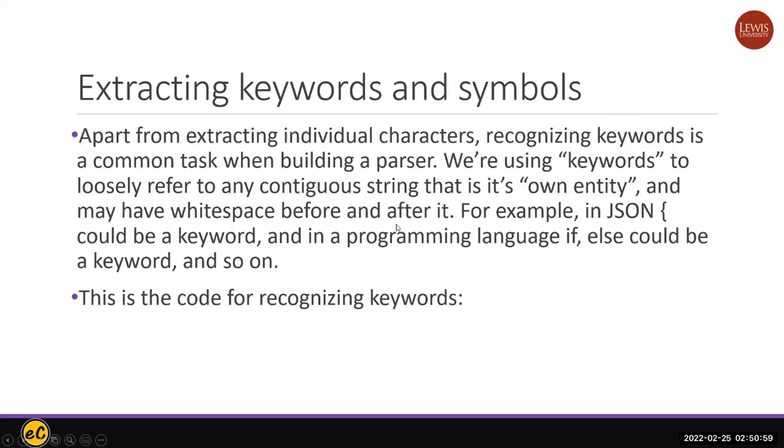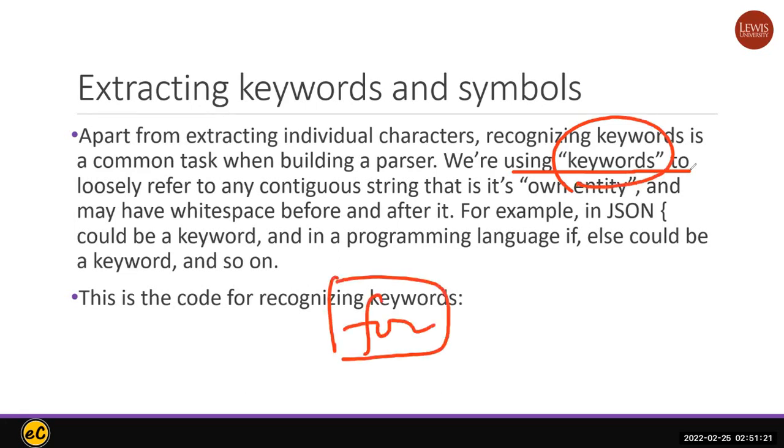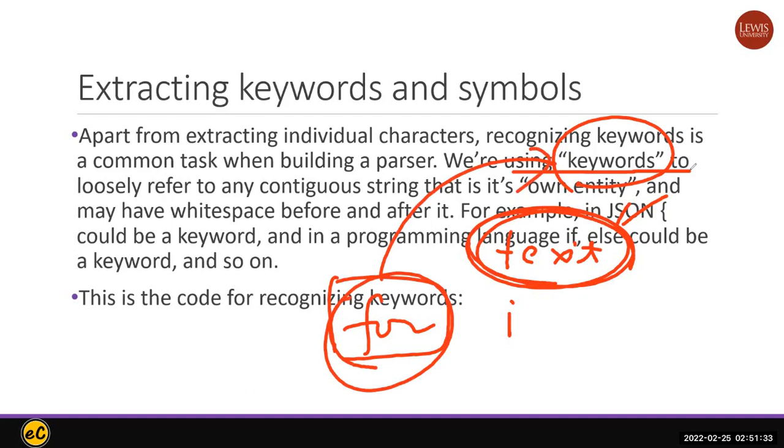Apart from extracting each individual character, recognizing keywords is a common task. Keywords need to be checked first. For example, for a for loop, you check this first before you go on to check the i variable or text variable. If you hit a keyword, you should process it first.